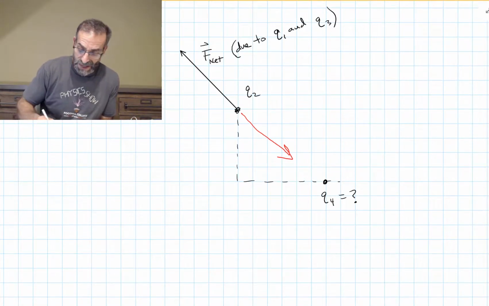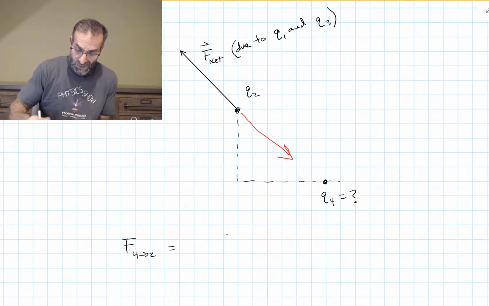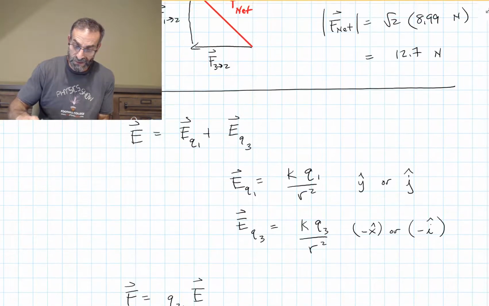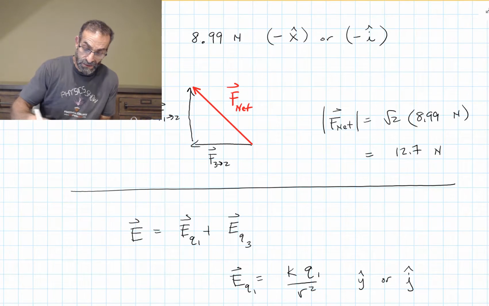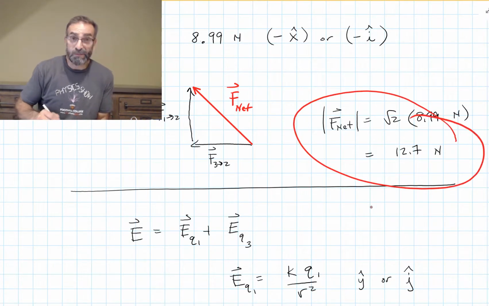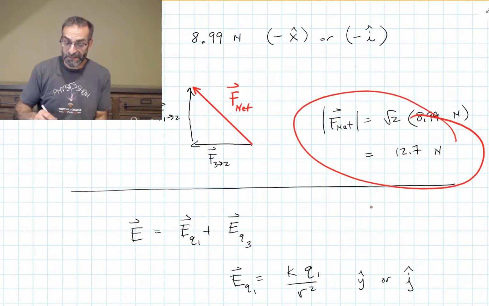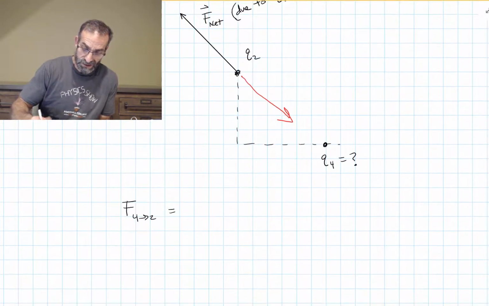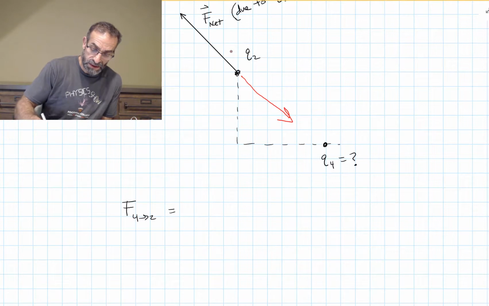Now let's find the magnitude of that force. We know the magnitude has to equal 12.7 newtons. It has to be equal in magnitude.